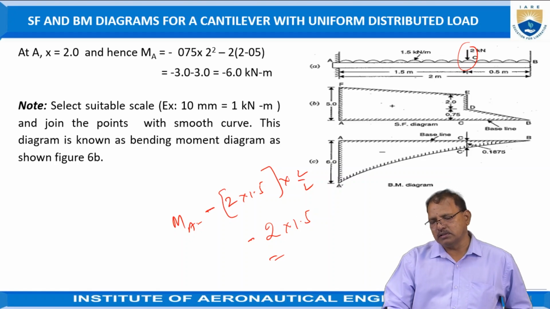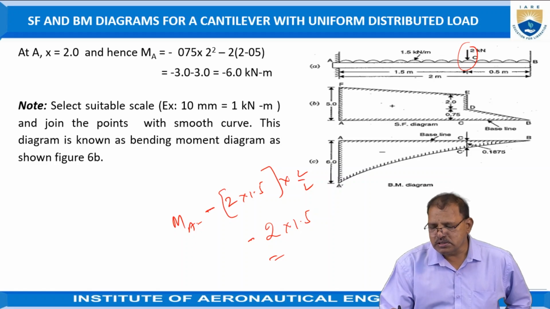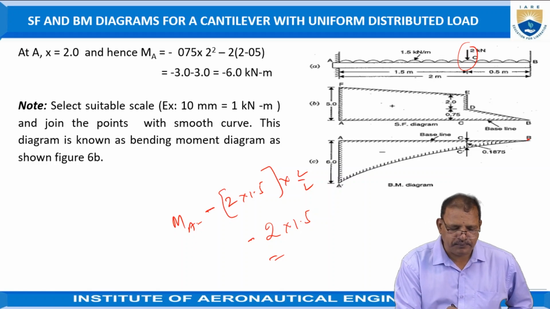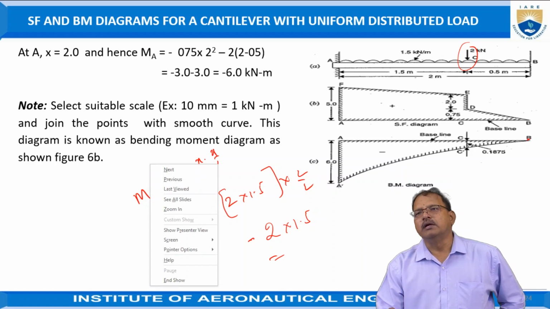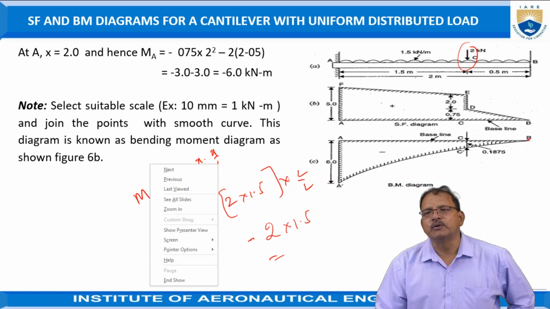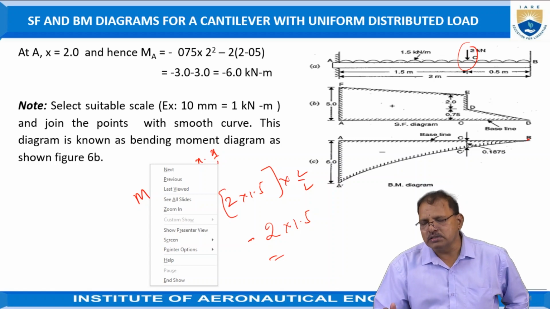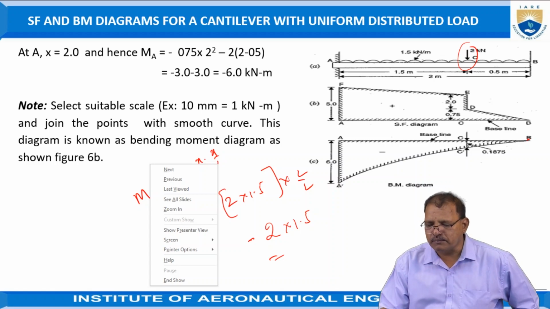So for drawing bending moment diagrams, the bending moment at C, at a distance of X, is W into X by 2. That means it is proportional to the square of the distance. Hence it follows a parabolic curve.